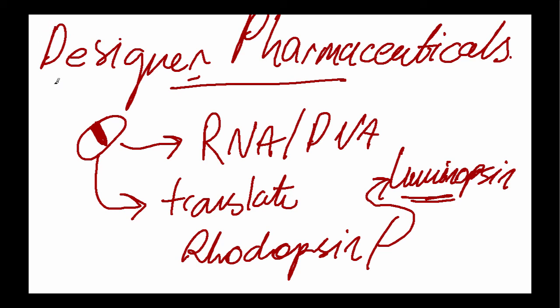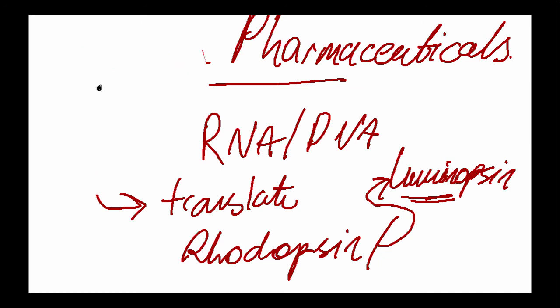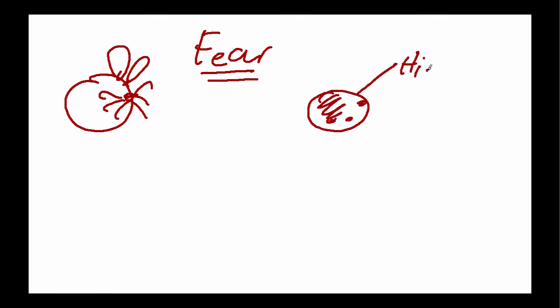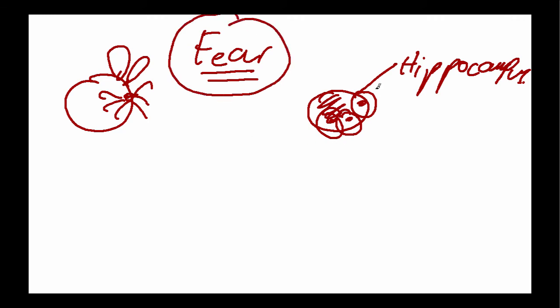What's interesting is that there was another experiment done on mice. They put these mice under a fear stimulus and tagged the areas in the hippocampus, where episodic memory ingraining is, so episodes such as this fear stimulus, and they changed these channeling proteins to rhodopsin.